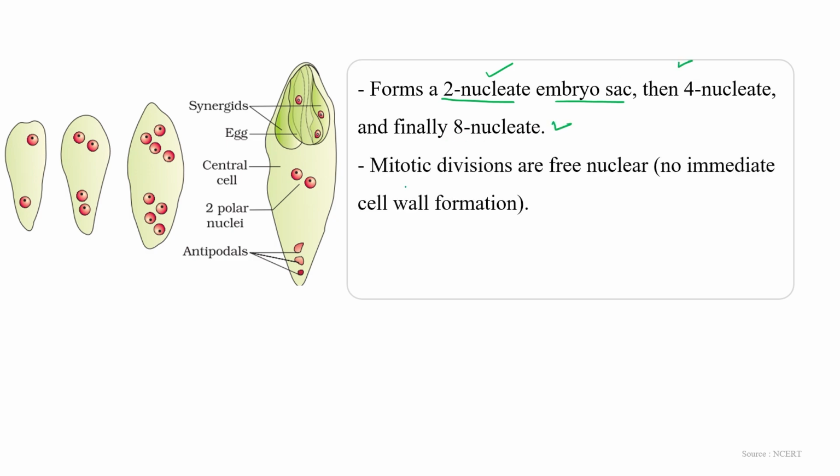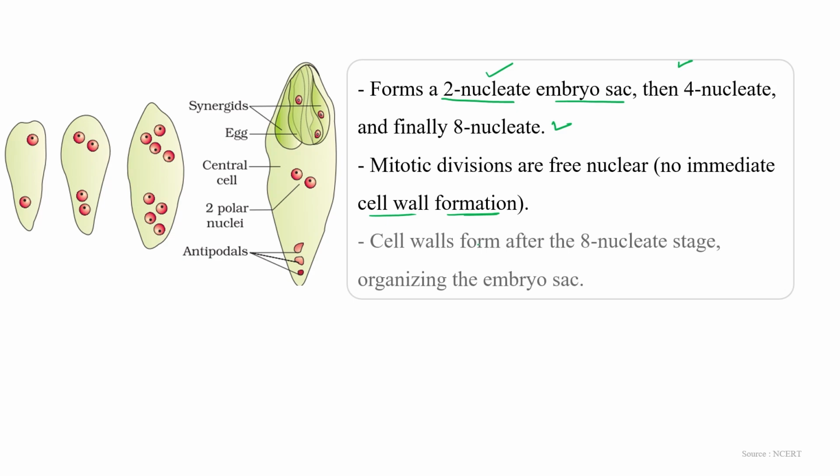These mitotic divisions are free nuclear divisions. Nuclear division occurs, but there is no immediate cell wall formation. The cell wall forms after the 8 nucleated stage, to organize the embryo sac.